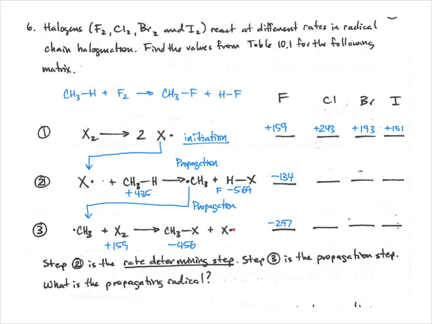So we've looked specifically where X is equal to fluorine. Notice what we've drawn here. X radical. What happens to that radical? This radical is called the propagating radical, because then it goes back into step 2.